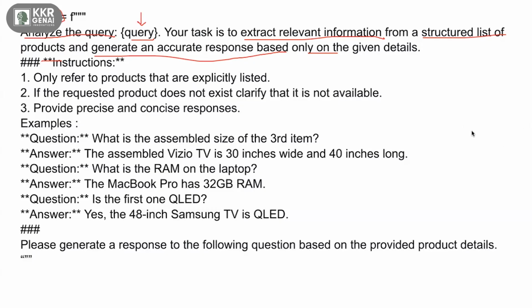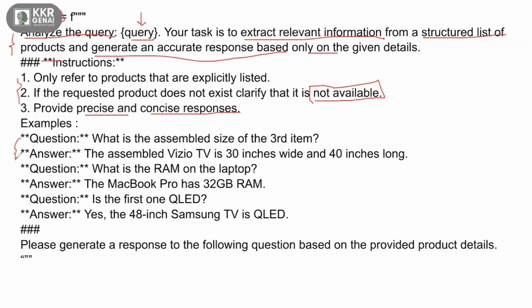The instructions are to only refer to the products that are explicitly listed, and if the requested item isn't there, or you don't have any clarity, not to produce any garbage value and just return not available. And I want the LLM to provide precise and concise responses. These are just the system prompt and the instructions.